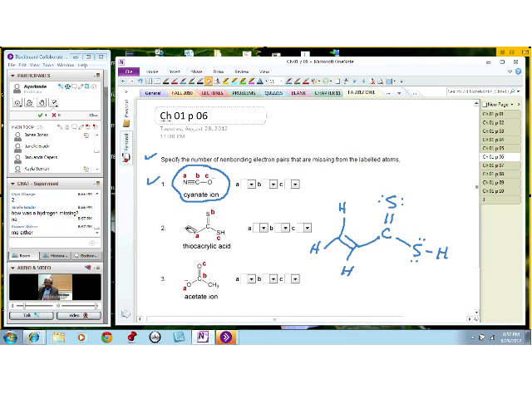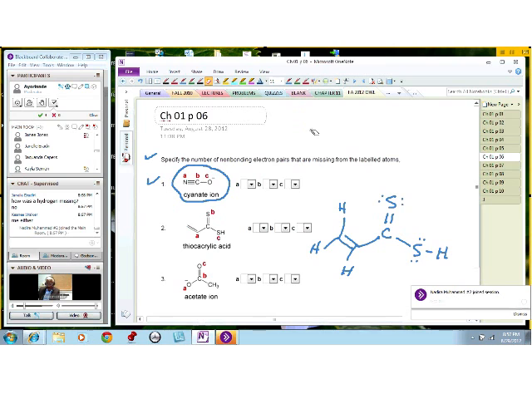If you look at this carbon, both of you look at this carbon here. Do you agree that is a carbon atom, yes or no? If you agree that is a carbon atom, how many bonds does carbon need at this point?